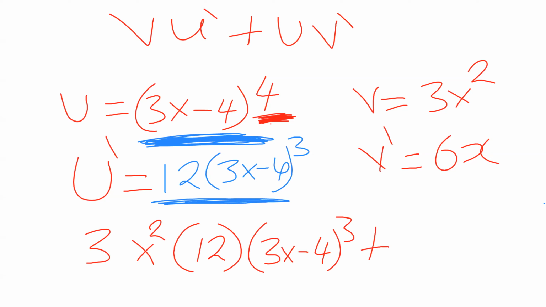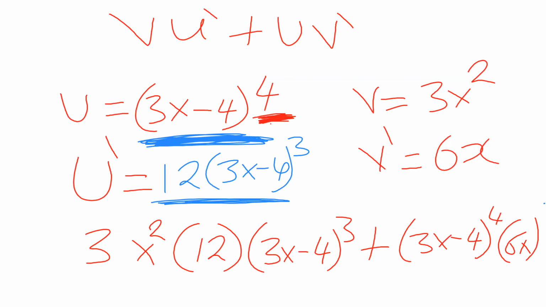Our u function is (3x minus 4) to the power 4 multiplying with the v prime, which is 6x. Do you get that? Yes.